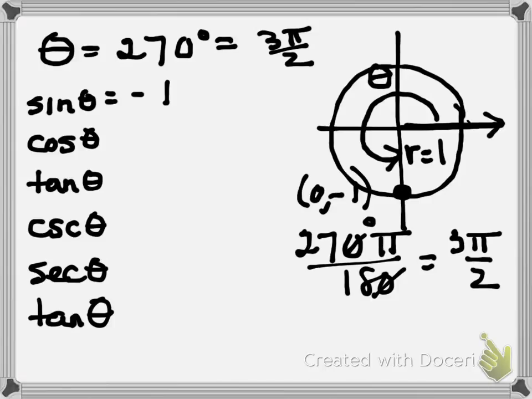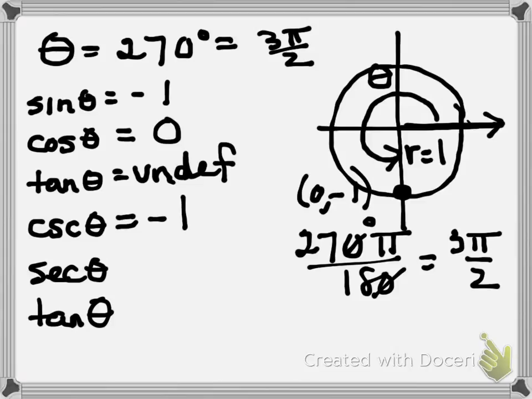The cosine is equal to x over r, 0 over 1 is 0. The tangent is equal to y over x, -1 over 0 is undefined. And then the reciprocals. The reciprocal of -1 is -1. The reciprocal of 0 is undefined. And the reciprocal of undefined is 0.